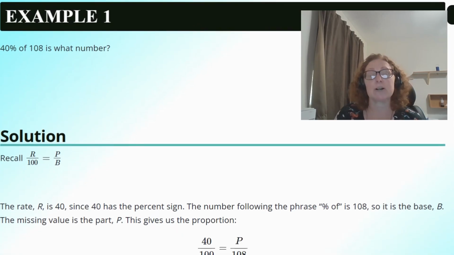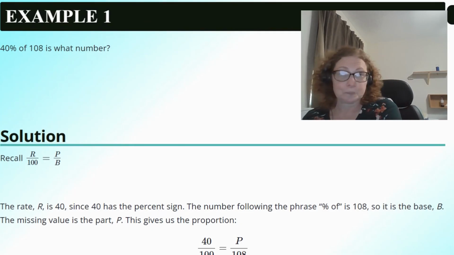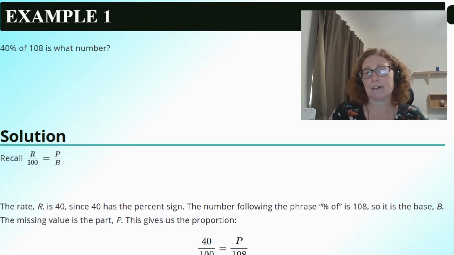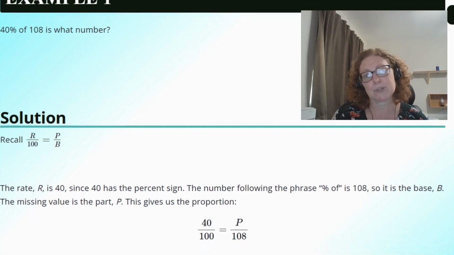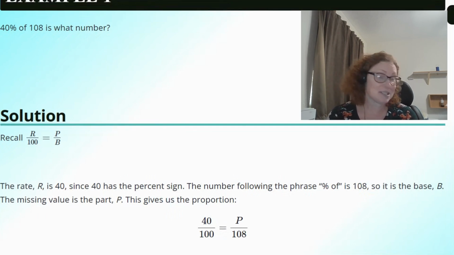But when we first start up, for your first example, 40% of 108 is what number? So we use R over 100 is equal to P over B, right? The rate is 40.